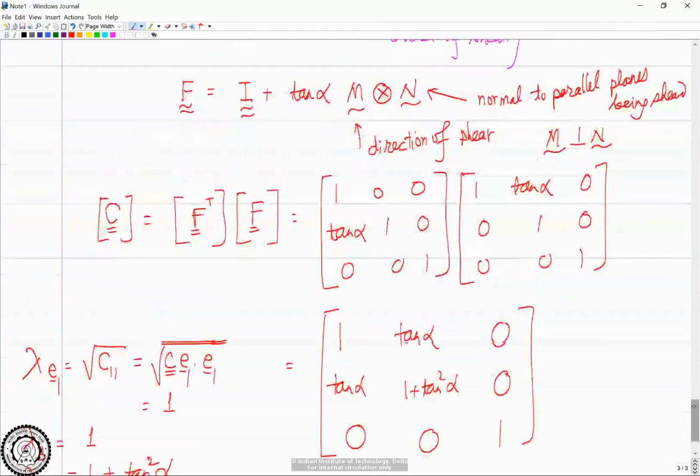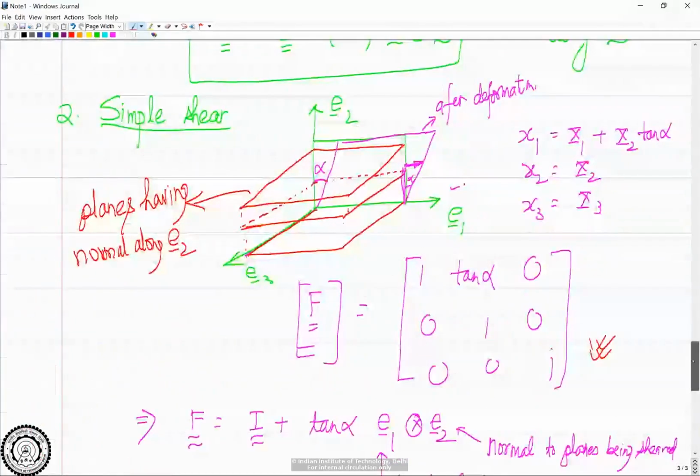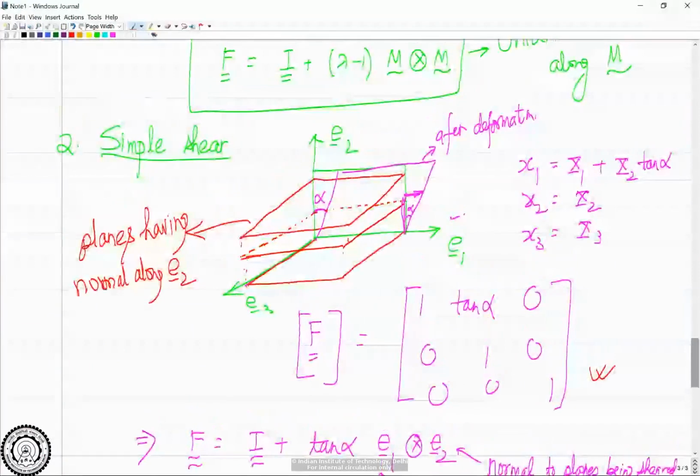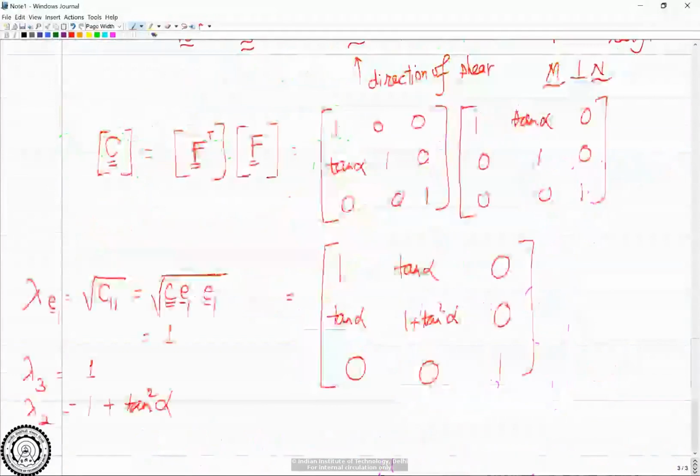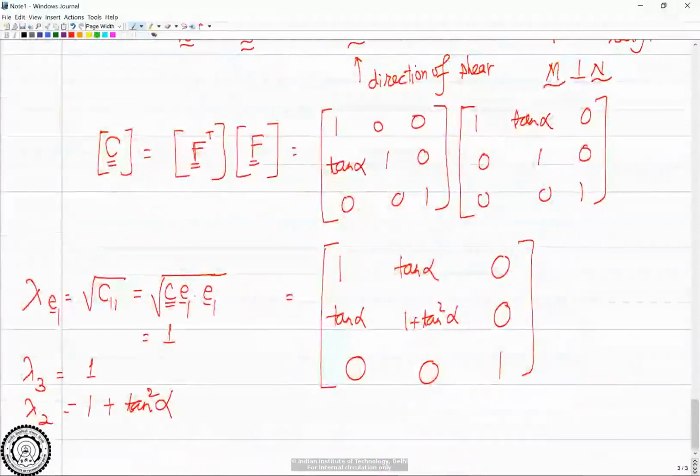Look at this picture here. What is lambda 2? Lambda 2 is the stretch of an element along the E2 direction. Maybe I'll make that picture again. So here is the coordinate system.